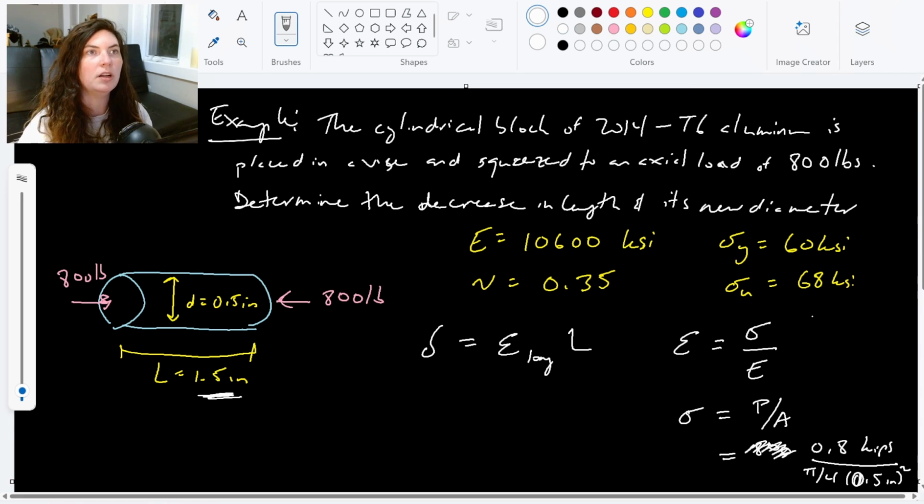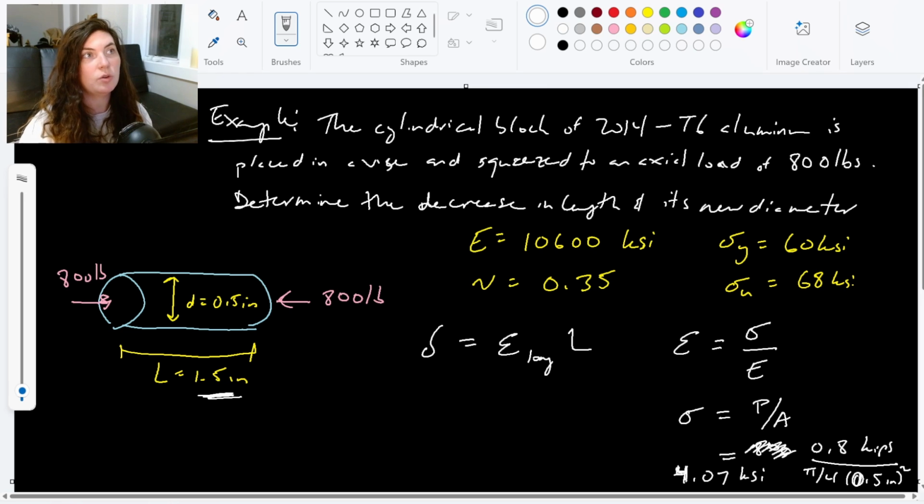So pi over 4 times 0.5 inches squared. And that gives me a value of 4.07 KSI.